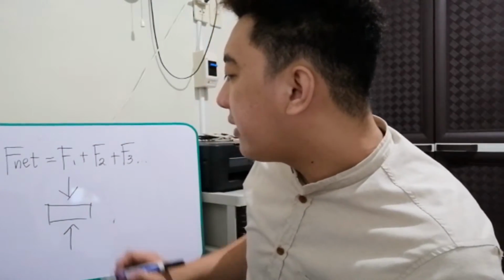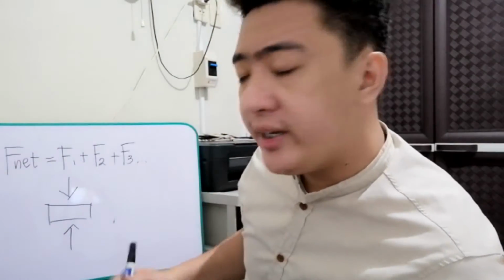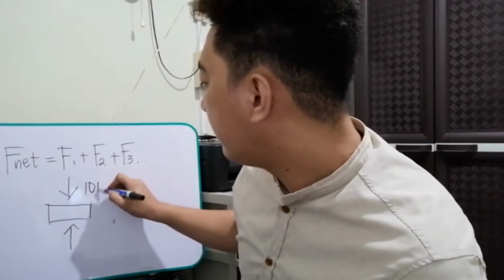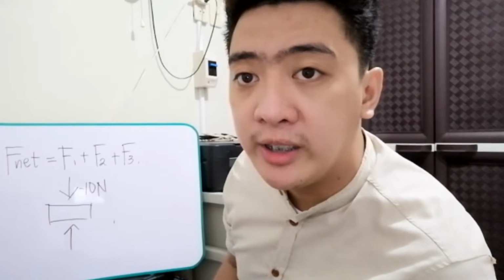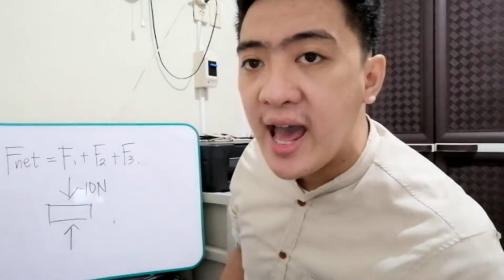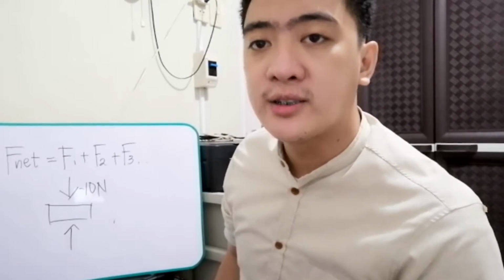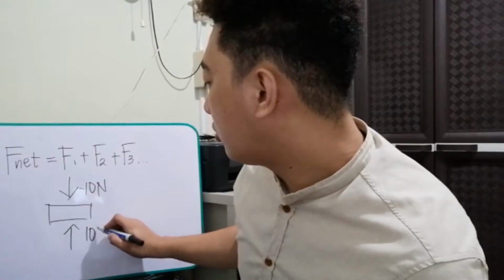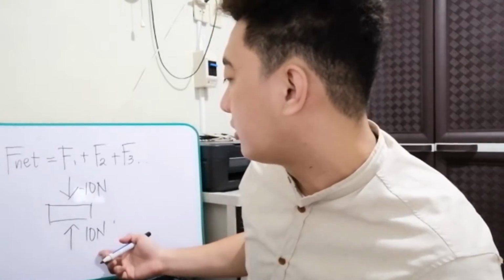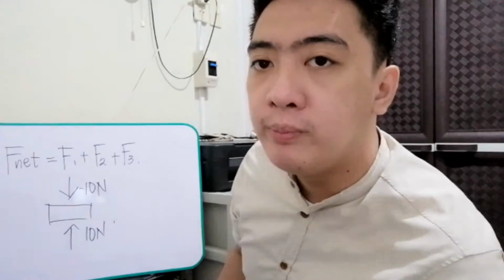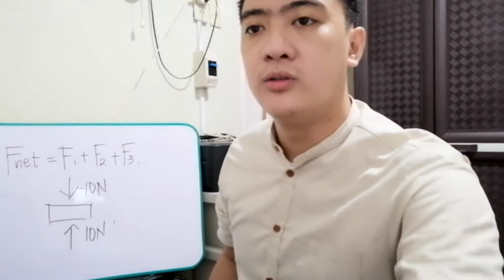Let us assume that there is negative 10 newtons exerted by the gravitational force, and the hand also exerts 10 newtons, the normal force, which is also 10 newtons. So what would be the resultant force?